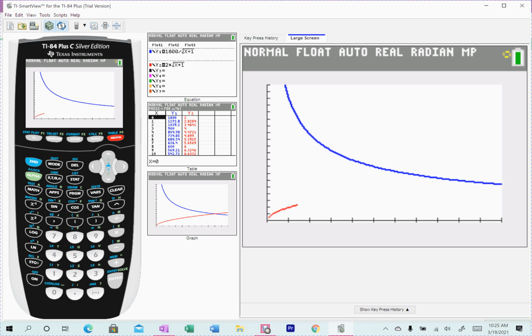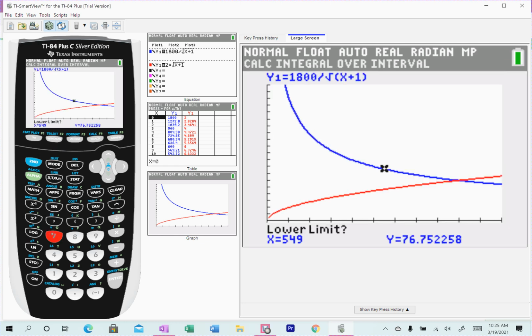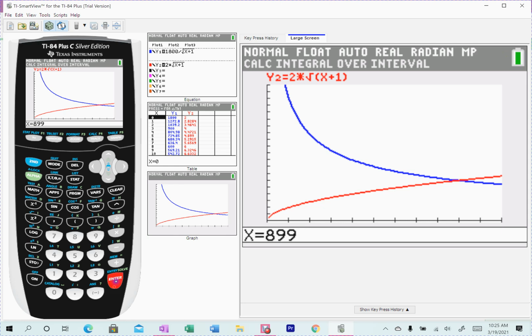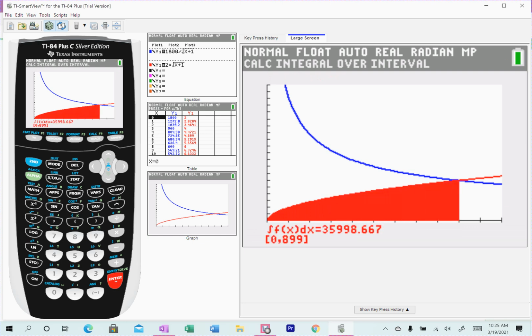That's just so that I can show you that it is going to shade underneath the supply curve. Alright, so there's my demand, my supply. Second trace, 7. Make sure I'm on the right curve, so I hit my down arrow. Now I'm on 2 times the square root of x plus 1. 0, 899. Hit enter and it'll shade under the red curve, which should be a smaller number than the revenue. Oh, it's a messy number. 35,998.6667.